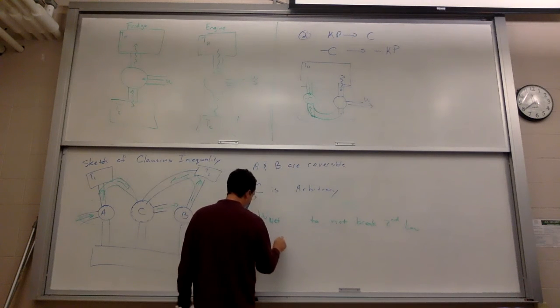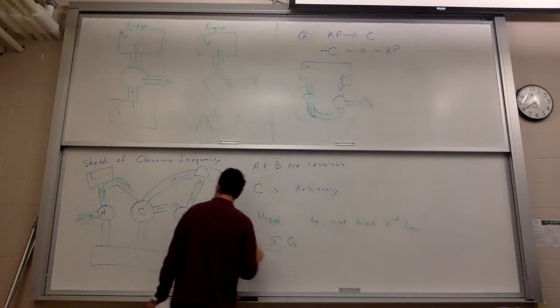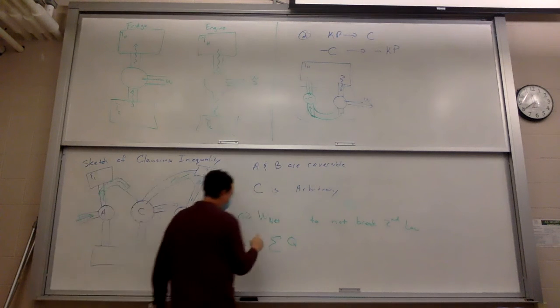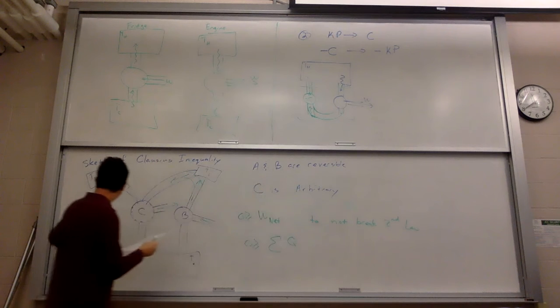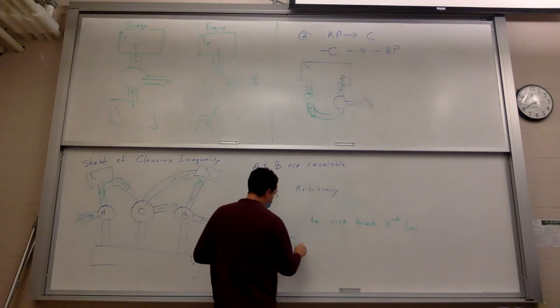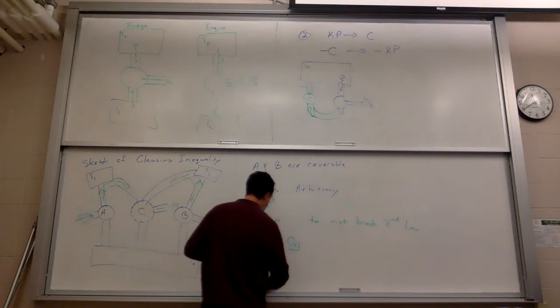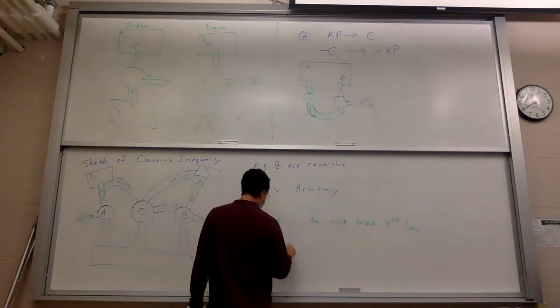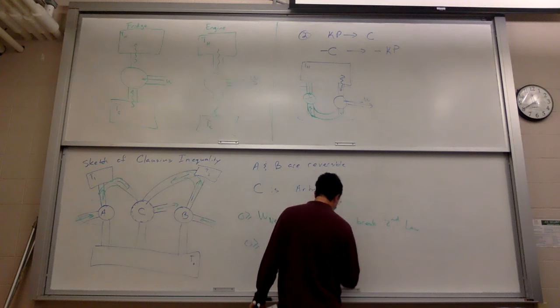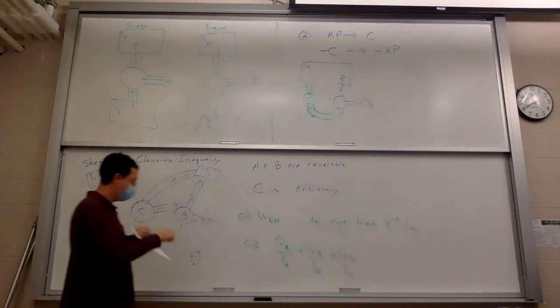Basically, it says that when you add up all the heats going in, the heat extracted from each reservoir divided by the temperature, you learn that the heat going into cycle A divided by the temperature of A, plus the heat going into cycle B divided by the temperature of B, plus the heat going into cycle C divided by the temperature of C, must be less than or equal to 0.